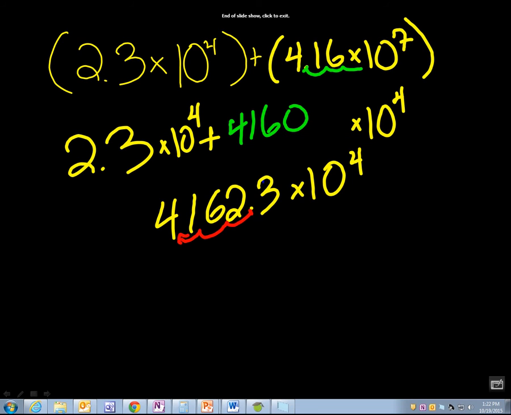So what's that new exponent going to be? I moved, see my red writing? It moved to the left 3 spots.